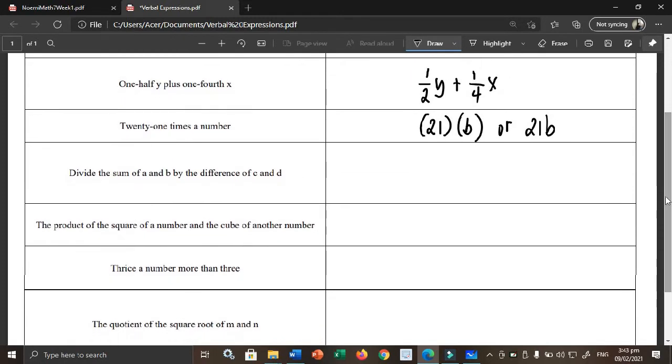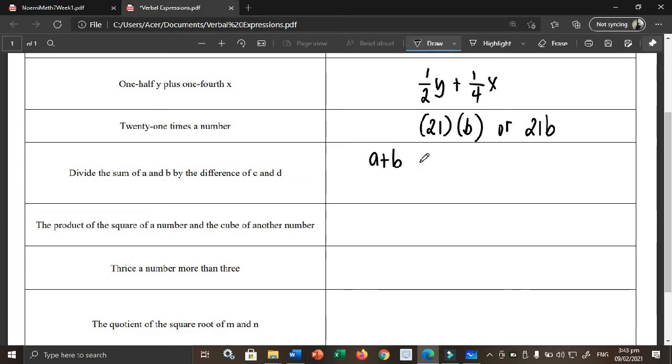And then next is we have divide the sum of A and B by the difference of C and D. So, in algebra, when we talk about division, ang sinusulat na natin yan is in fraction form. No? So, when we write that, it will be the sum of A and B will be your numerator or your dividend.